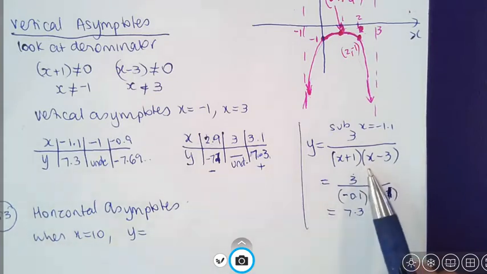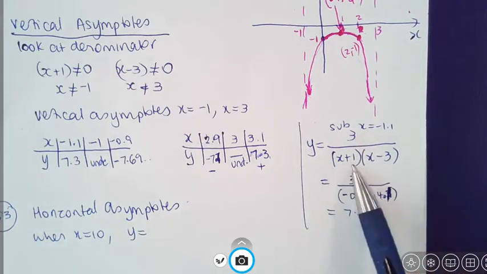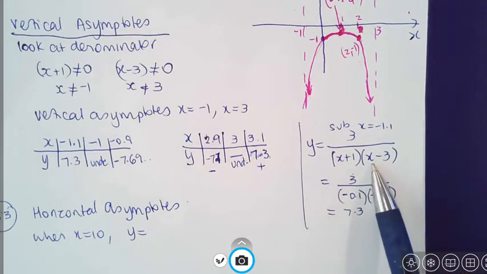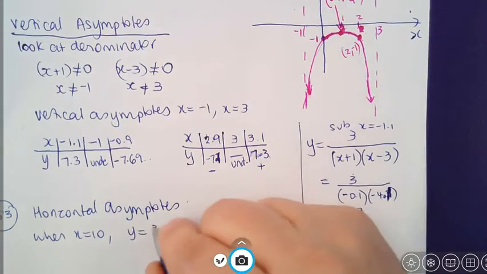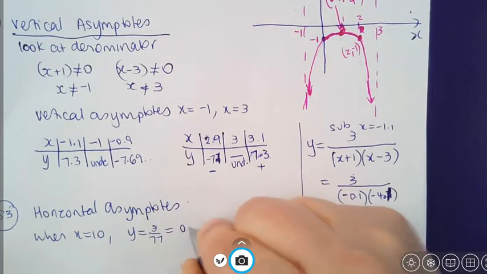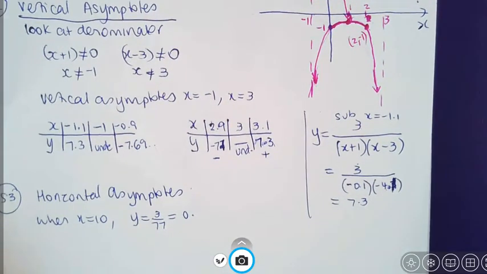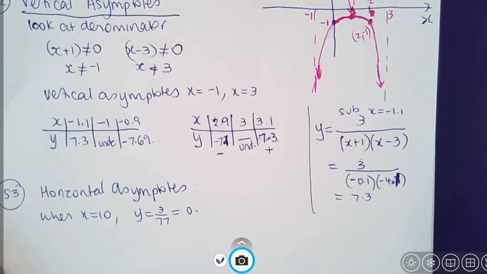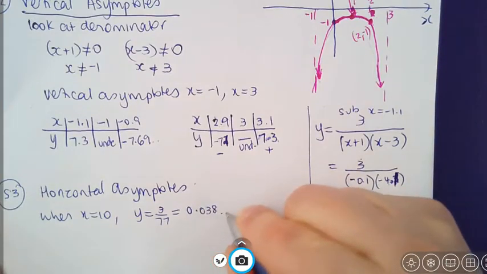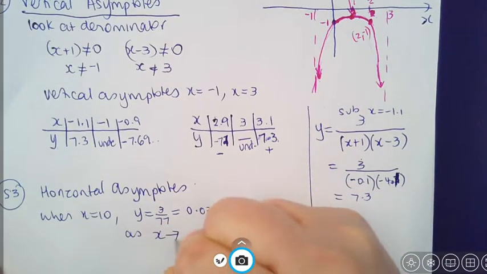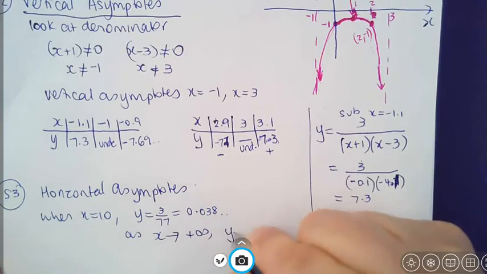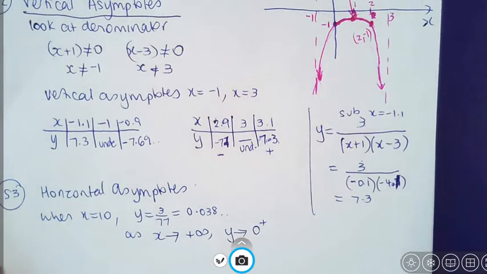See, girls, you don't put it in your calc. 3 over, if x is 10, you get 11 and 7. 11 times 7, 3 over 77. Well, that's 0 point something. Quicker than doing it on your calc. 0.048. So what do you think? As x approaches positive infinity, y approaches 0 from above.